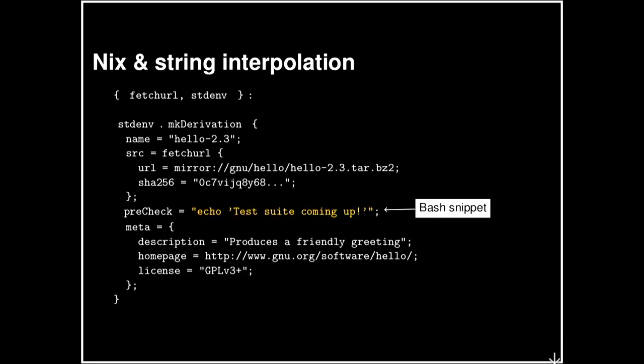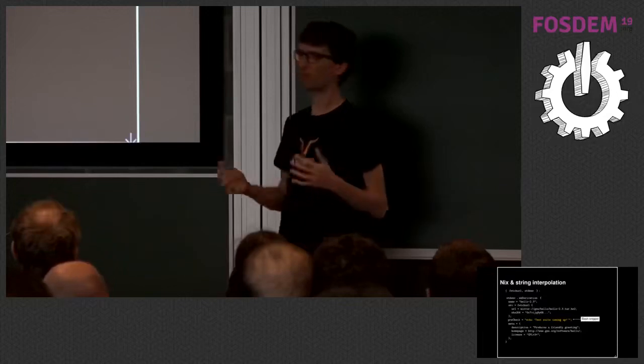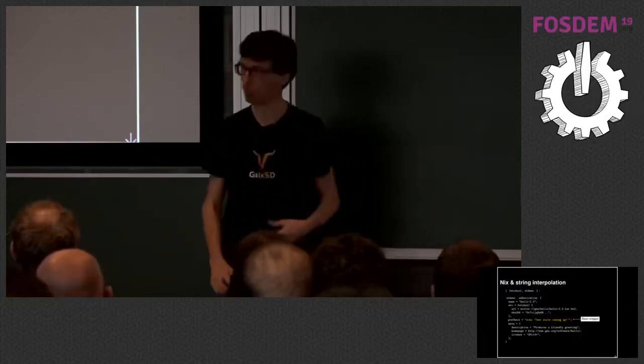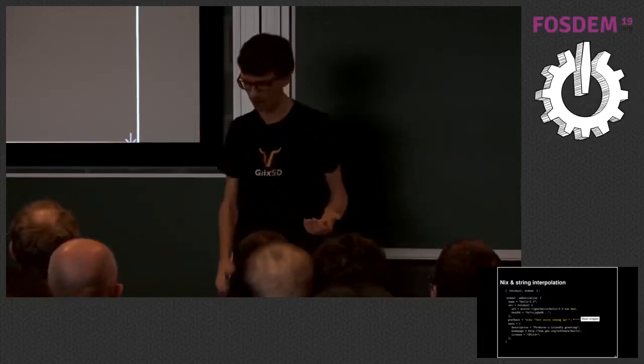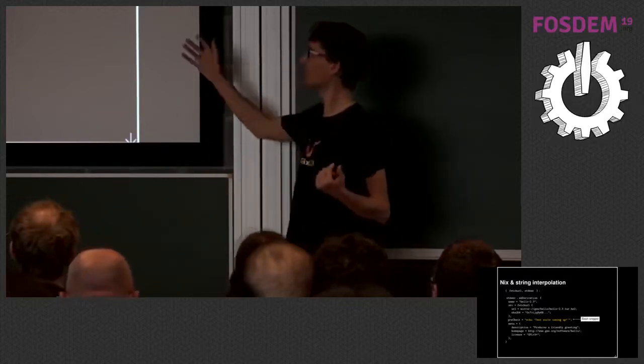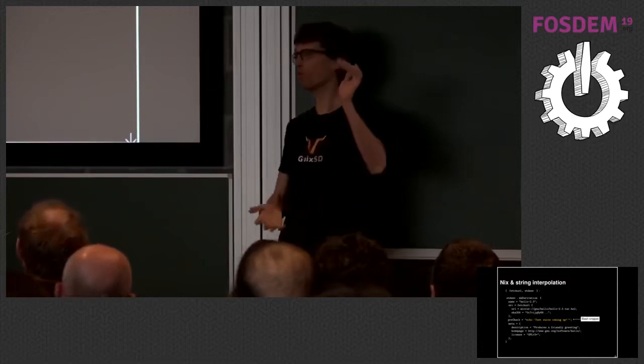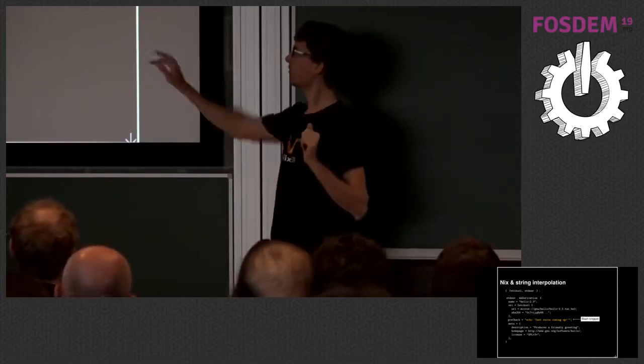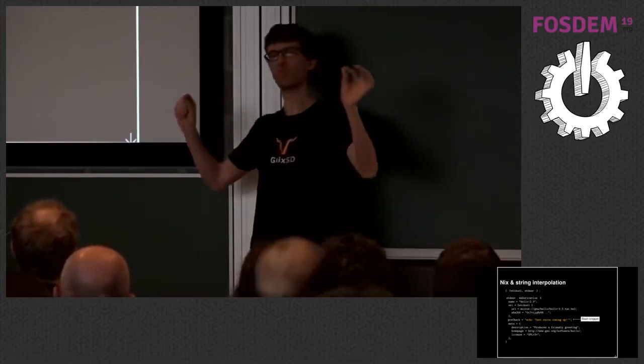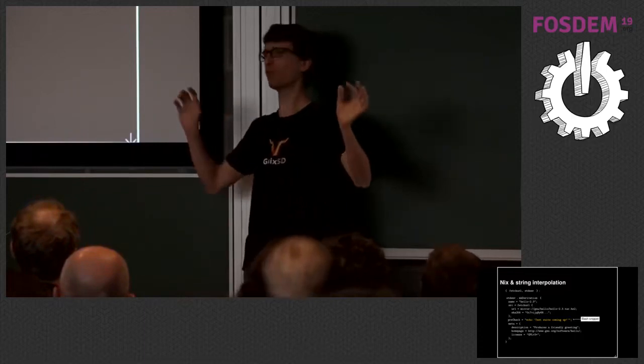So you have the package definition that's within the Nix language, and right here you have a bash snippet that's going to run when you actually build the package. It does the job, right? It can be pretty convenient at times, but there's a catch to it, which is that these are just strings, right? And you end up mixing two different programming languages. And in fact, you end up concatenating strings that happen to form bash programs.